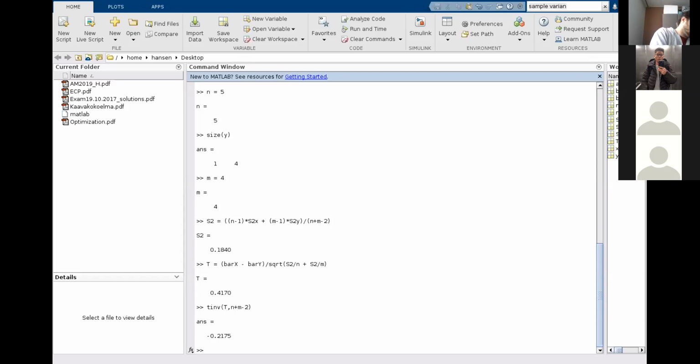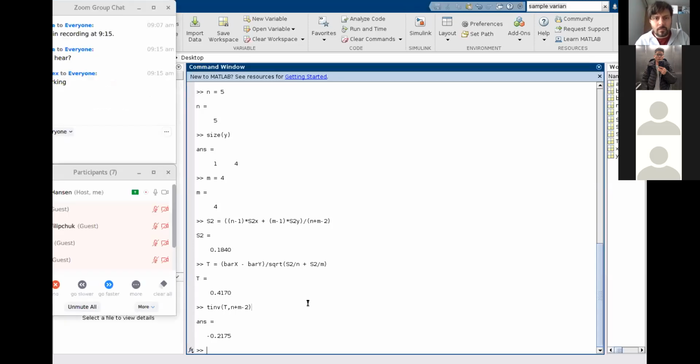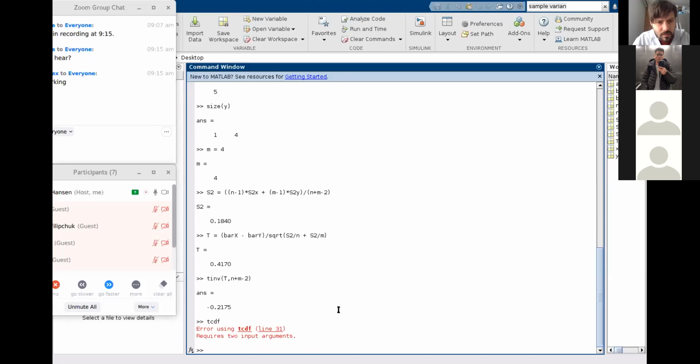So here's my t distribution, I get a t value. I need to get, yeah, sorry, that's the TCDF. Yeah, TCDF, sorry, I was thinking the wrong way around, n plus m minus 2.